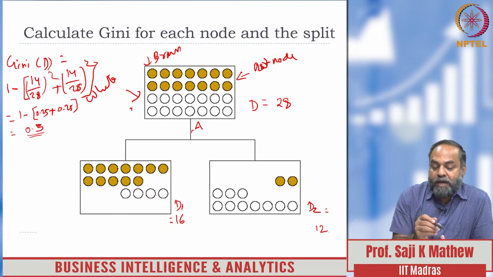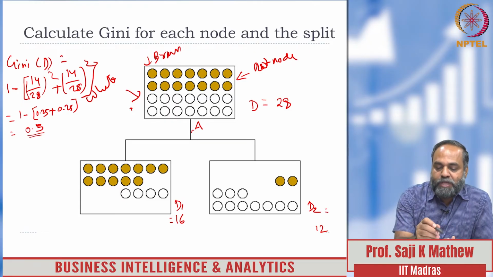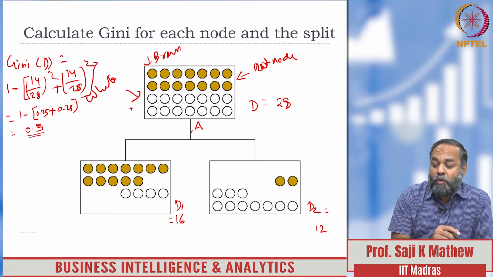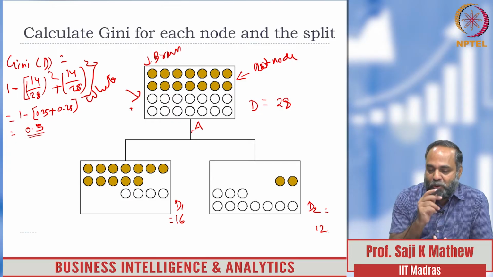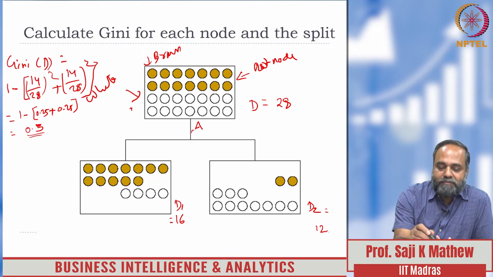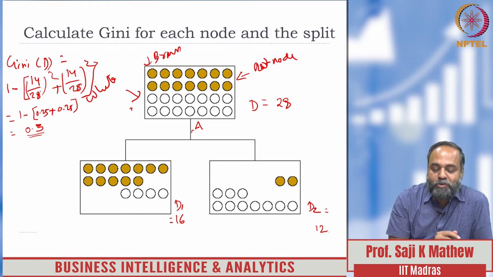So we can imagine again, if a node is fully pure, suppose there were only brown circles and no white circles, and it were completely homogeneous, then one numerator will be 0 and the other numerator will be equal to the denominator.